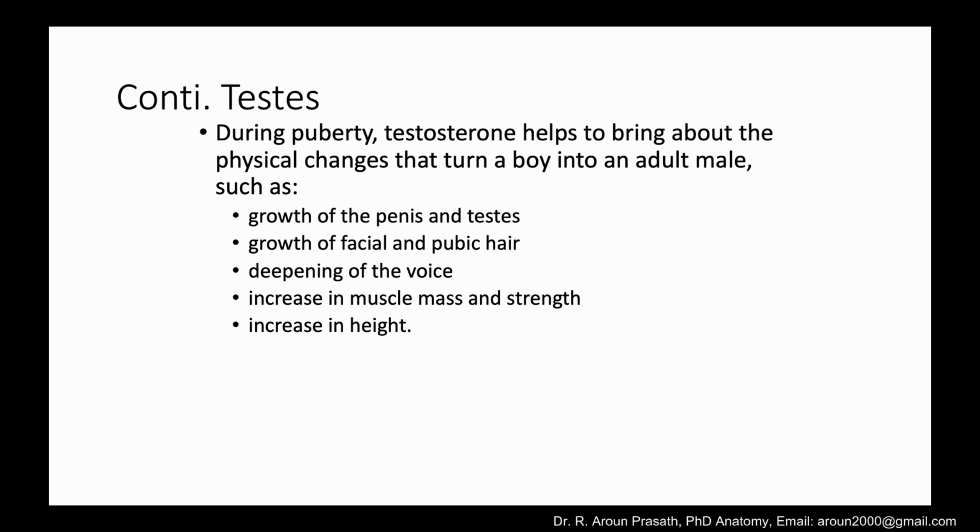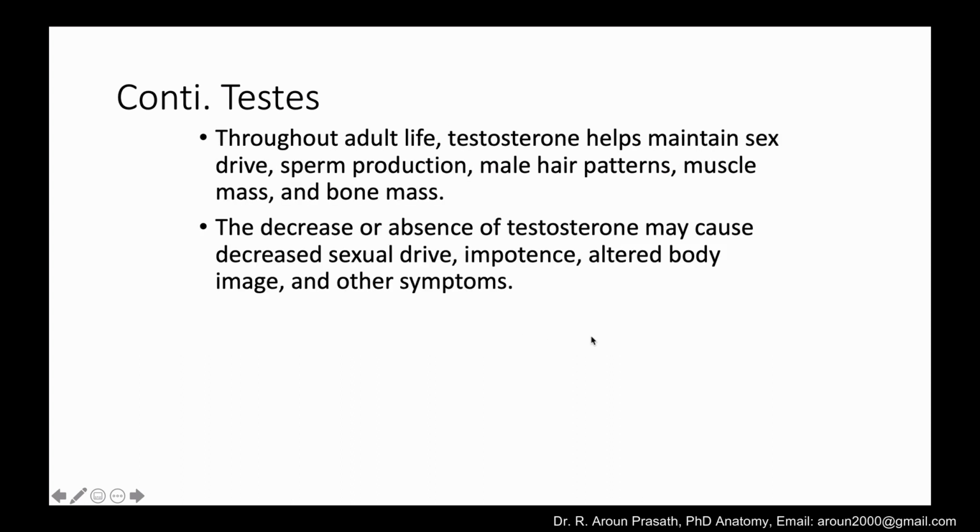So once the testosterone hormone starts to release, there is growth of the penis and the testes, growth of facial and pubic hair, the voice gets deepened, and there is increase in muscle mass and strength and increase in height. Throughout adult life, testosterone helps to maintain sex drive, sperm production, male hair pattern, muscle mass and bone density.